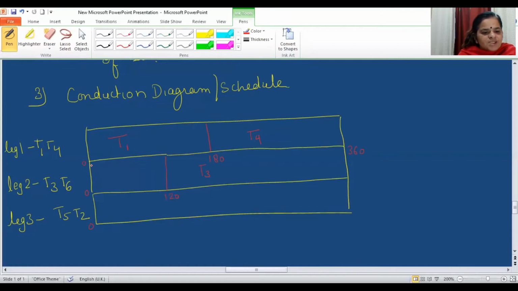So if T1 starts conducting at 0, then T3 will start conducting at 120 degrees. And the next SCR is T6: if T3 starts conducting at 120, then as per assumption number 1, T6 can only start conducting at 300.